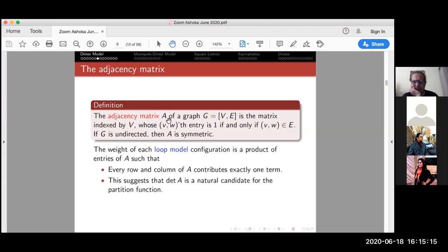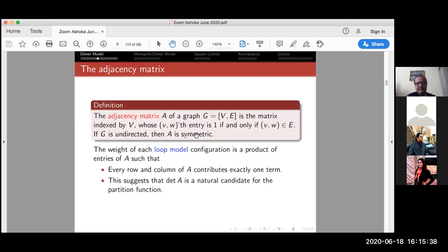Recall that the adjacency matrix of the graph is the matrix indexed by the set of vertices, and if v and w are vertices, the (v, w)th entry is 1 if and only if v and w form an edge. If the graph is undirected, like for us, then A is a symmetric matrix.